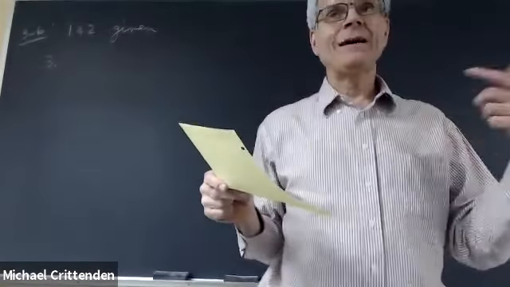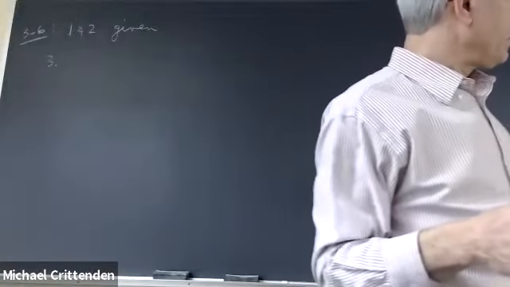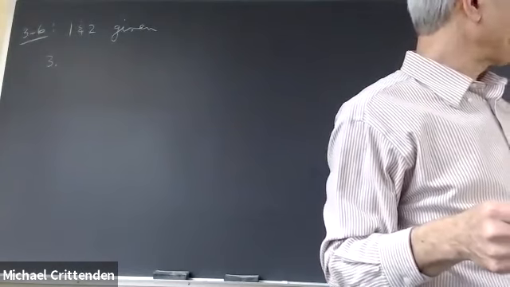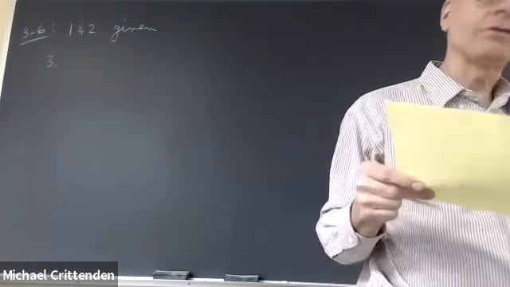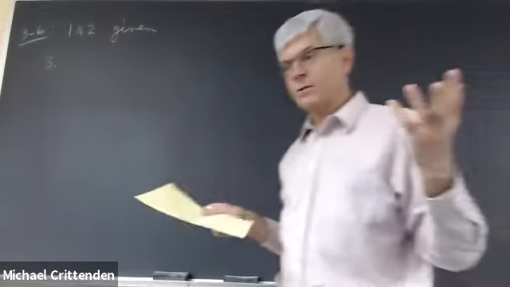Flux is E times A times the cosine of the angle between them. Well, the components perpendicular to the surface would be parallel to the area vector, which is also perpendicular to the surface. So cosine is just equal to 1.